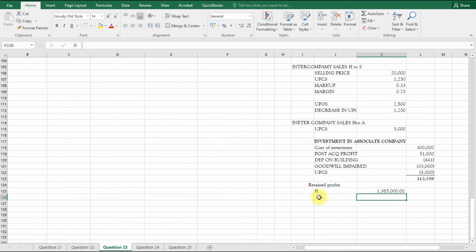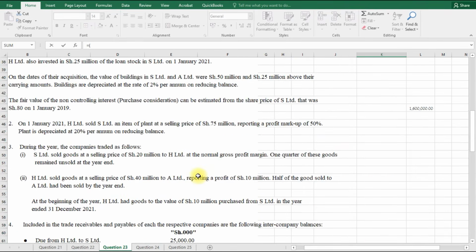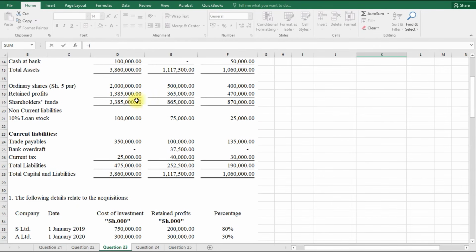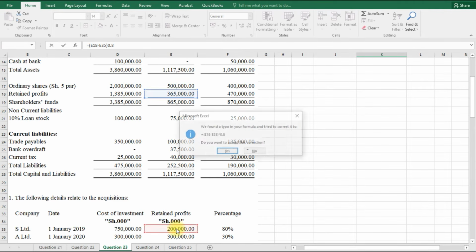1385. We had for S we take the post acquisition, our share of post acquisition, and remember in the financial position we had 365. We minus the pre, which was 200, and we take our portion, which is 80%, multiplied by 80%.